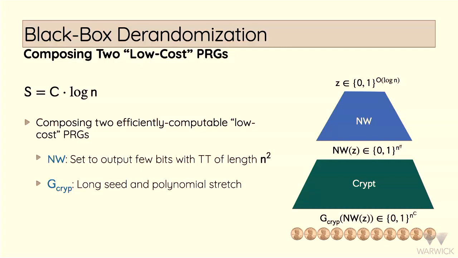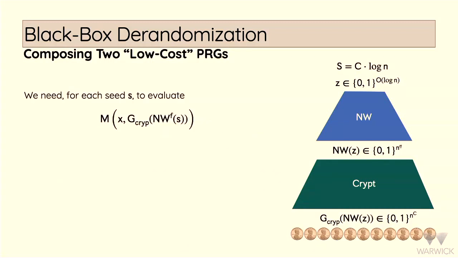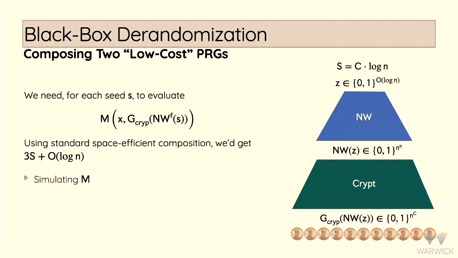It's a composition, basically, of the Nielsen-Wigderson generator, instantiated rather non-standardly, together with a cryptographic PRG, and a new way to enumerate over all seeds. I'm sorry for skipping so many slides, but if you would try to enumerate over all seeds of this PRG, and assuming Nielsen-Wigderson is very space efficient and the cryptographic PRG is very space efficient, you would get 3s plus O of log n.